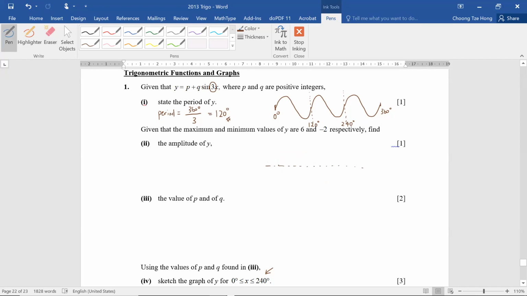Now they are saying that this maximum level over here is 6, and then the minimum level over here, it should touch here, is -2.